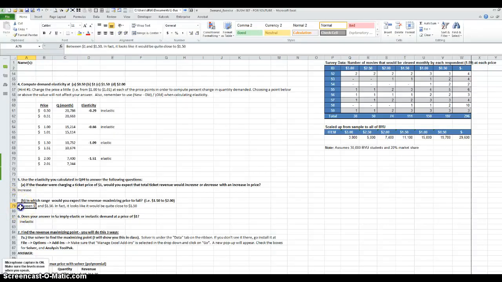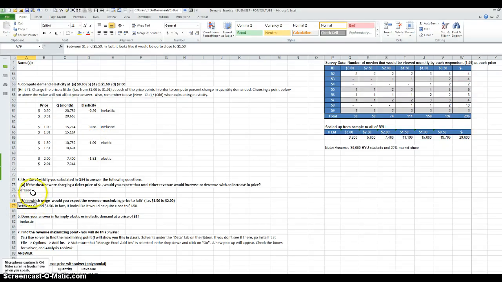And then it asks you, in which range do you expect the revenue maximizing price to fall? Well, we would expect it to fall somewhere between $1 and $1.50, because that's when it flips from being less than 1 to more than 1.